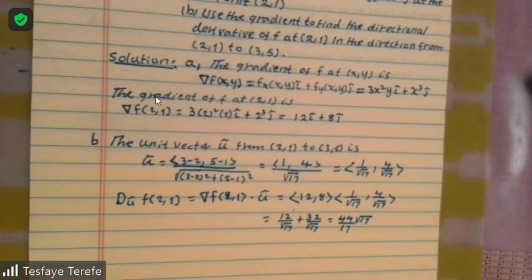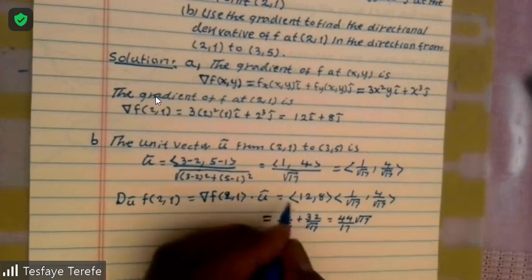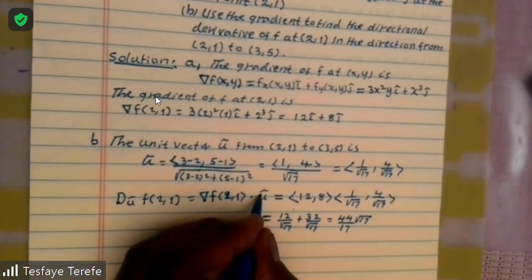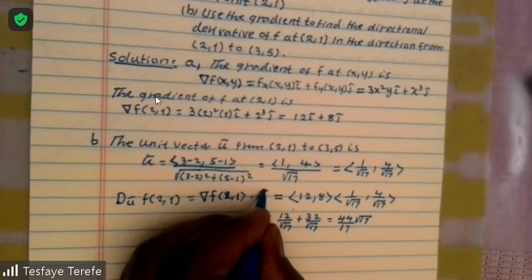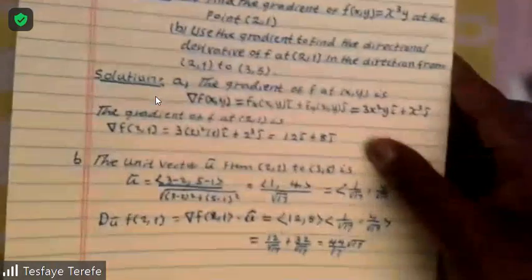Does the gradient, can we talk about gradients and directional derivatives for functions of more than 2 variables, or does this definition only apply? Yeah, we will. Actually, the next section is 14.5, we are going to talk about gradient in 3 dimensions.